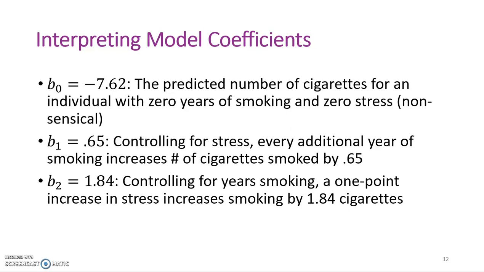Essentially, it's the same interpretation of a 1 point increase in X increases Y by this many units, but we're always controlling for or holding constant the other predictors. If we had three predictors, it would be controlling for years smoking and the third predictor. It's always controlling for whatever set of predictors there is.